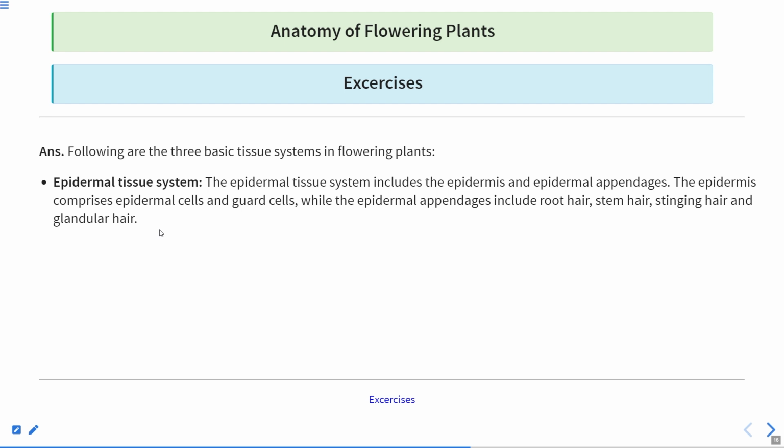So there are the glandular hairs, the stinging hairs, the stem hairs on the surface of the stem, and on the root surface there are root hairs also. All these hair-like structures, whether present on the surface of the root or the stem, are modifications of the epidermis, or you can say they are epidermal appendages. So they are part of the epidermal tissue system. Okay.